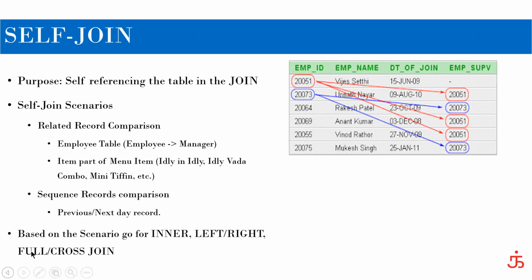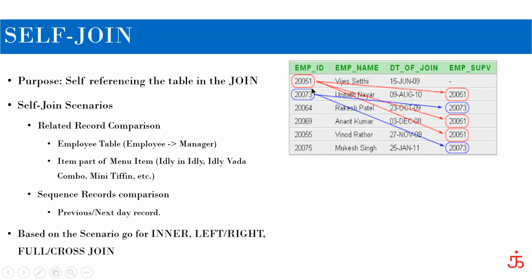For example, if you go for inner join, it will only show the employees who have a manager, but it will not bring Vijesh's record because he does not have any manager. With inner join, only one side's record will come, and the second side will not bring a record.